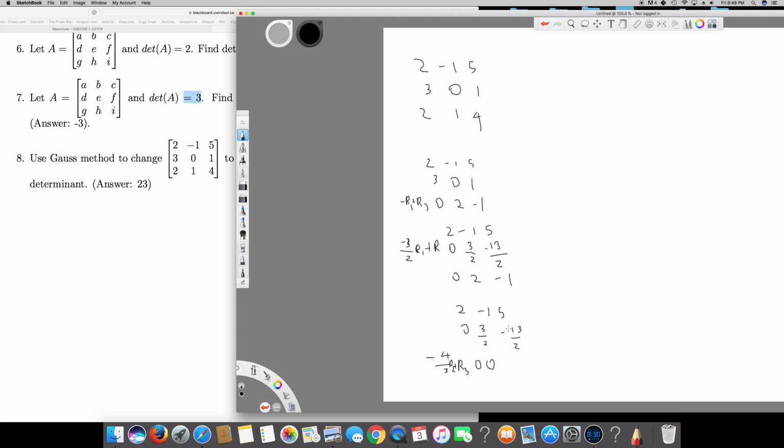This is R2 and this is R3, which is going to give me what? 0, and minus 4 by 3 multiplied by 3 by 2 added to 2 gives 0. Then minus 13 times 4 is minus 52 over 3, so minus minus cancels and it's plus 52 over 6.